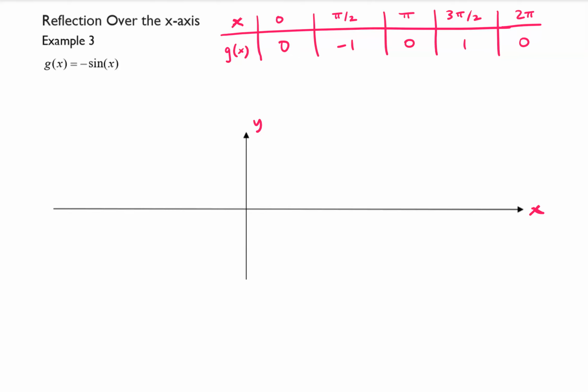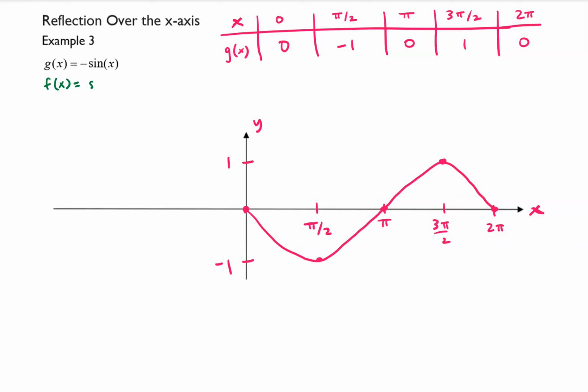So I'm going to go ahead and fill in those x values on the x-axis. So now I can start to plot my points. And so my graph is going to look something like that. And for comparison, let's say that this, in green, f of x is equal to our regular sine function.